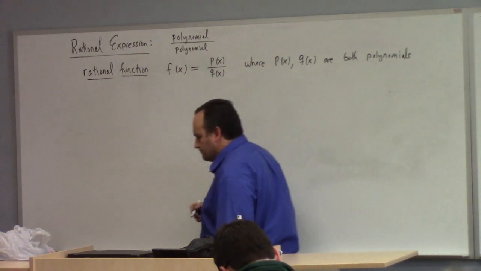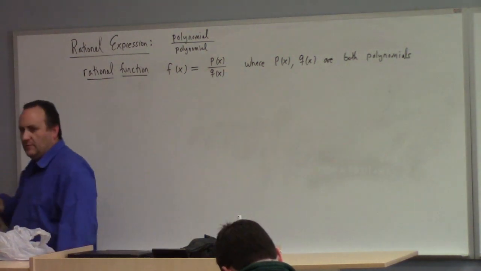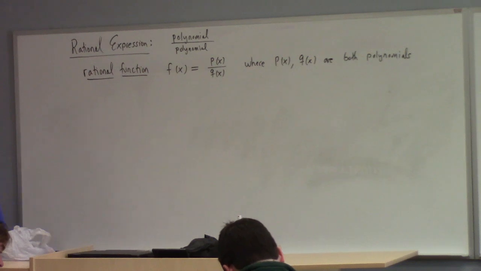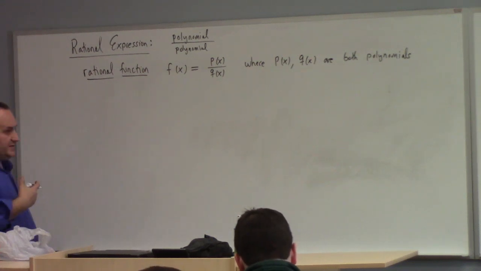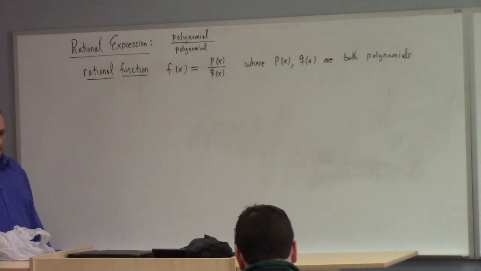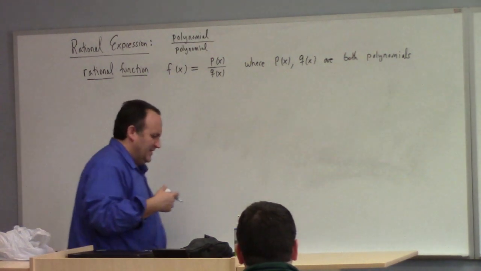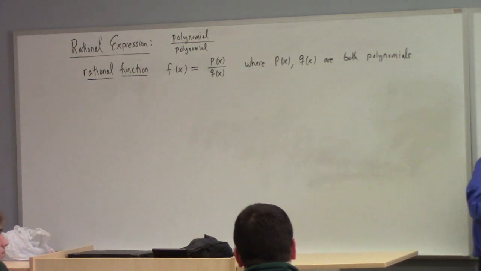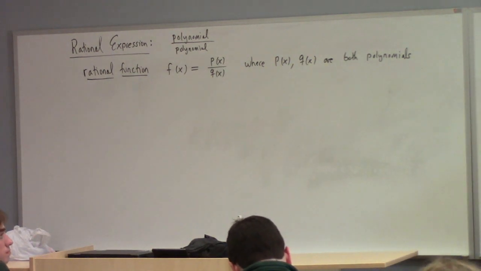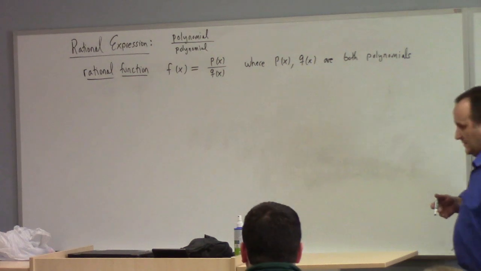All right? So essentially what we're looking at today is how to manipulate the formulas for rational functions. The first order of business is to ask the question, what's the domain of these functions? Yes, Michael?